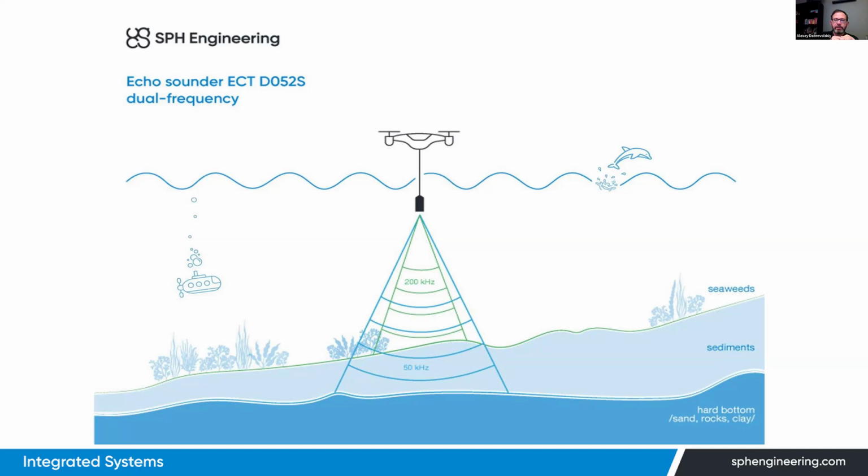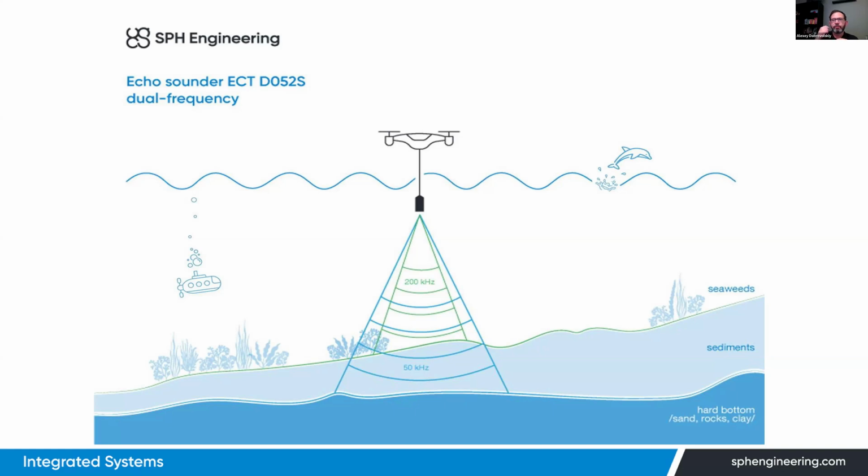But it doesn't work in 100% of cases. It works great in the case of light organic sediments, but in the case of mineral sediments, 50 kilohertz sound may not penetrate through the mineral sediments to the hard bottom. So that technology doesn't work in all cases. It depends. In such situations, when you need to monitor sediment buildup in ponds, for example, the most robust method is actually repeatable surveys.